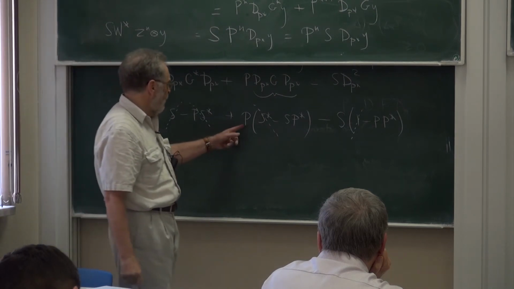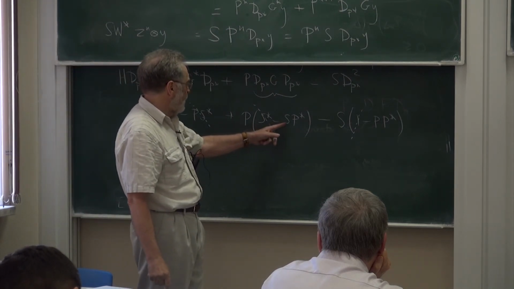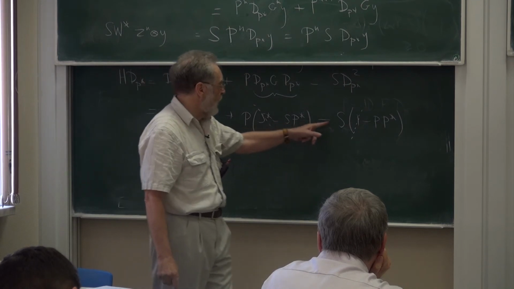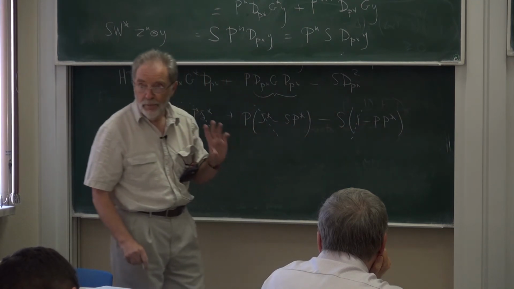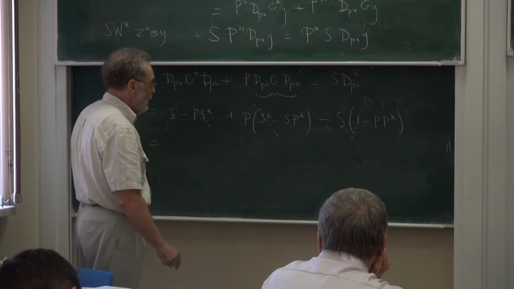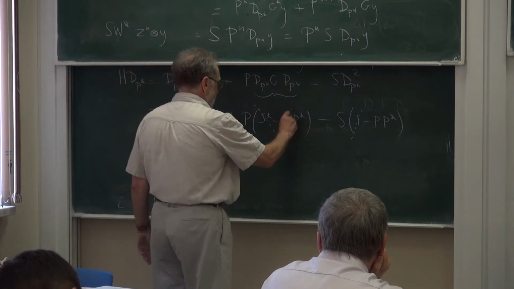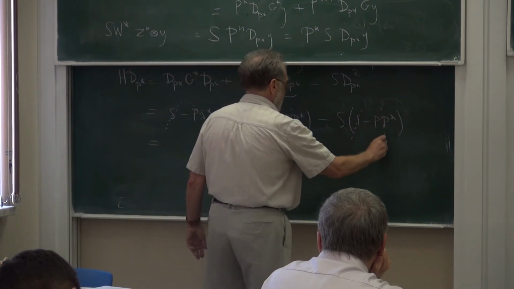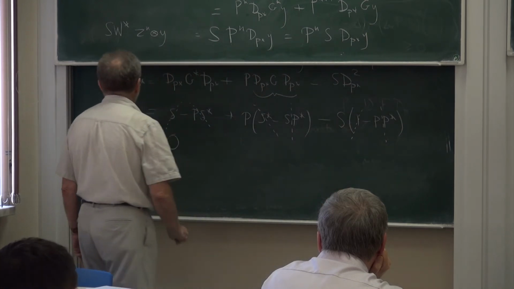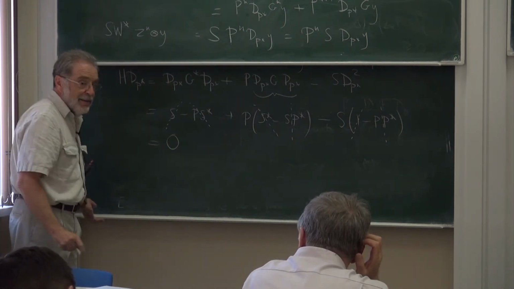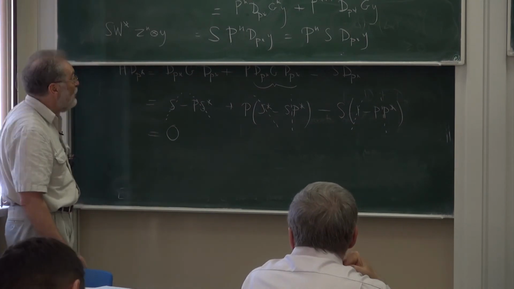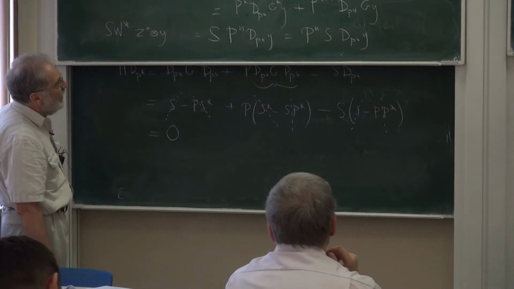And what we're left with is minus PSP star plus SPP star. But PS is equal to SP, so they cancel as well. So this term cancels with that term, and so we do indeed get 0. I thought that was a very pretty little calculation that they found.